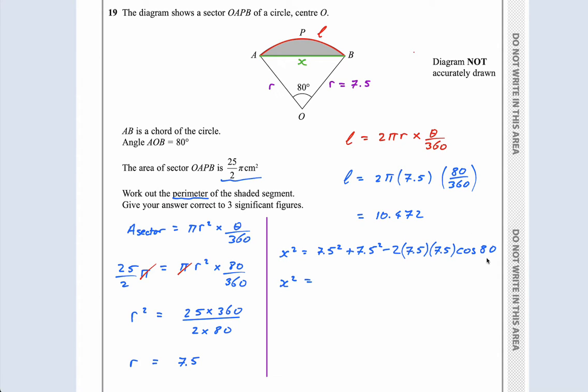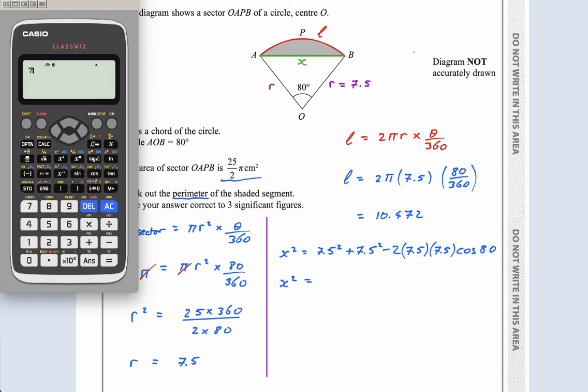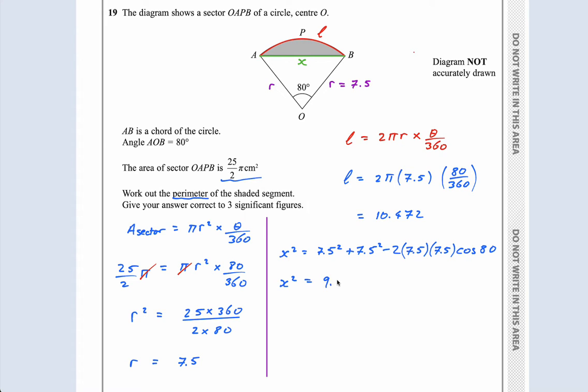So x squared equals, let's do this in 2 steps, 7.5 squared plus 7.5 squared minus 2 times 7.5 times 7.5 times cos of 80, which is 92.9646.